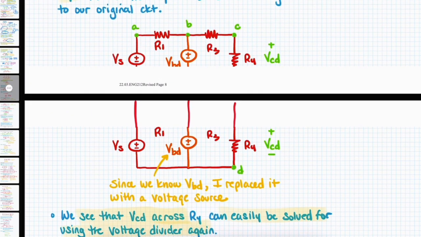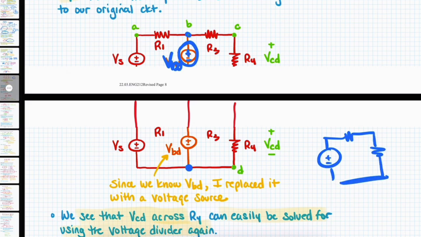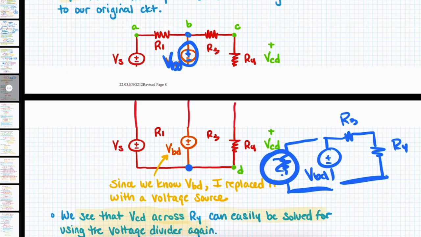Since VBD is a known voltage, we can imagine it being its own voltage source between nodes B and D. I'll redraw down here because this page split was not a great spot. We have R3, we have R4, we have VBD, and then whatever else is going on over here. It doesn't really matter what's going on over here.